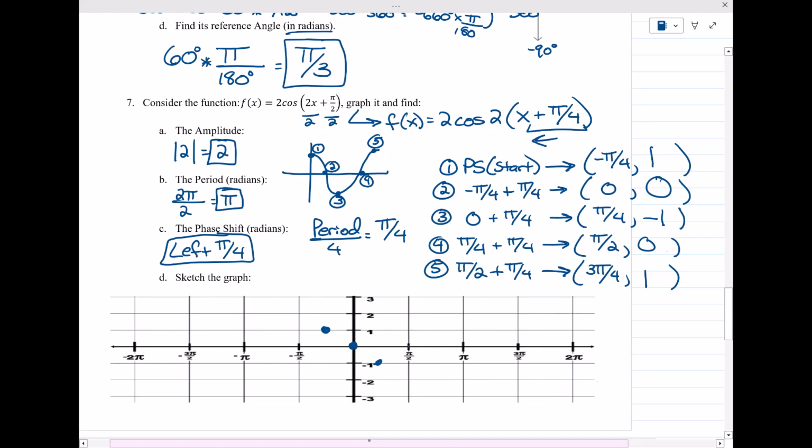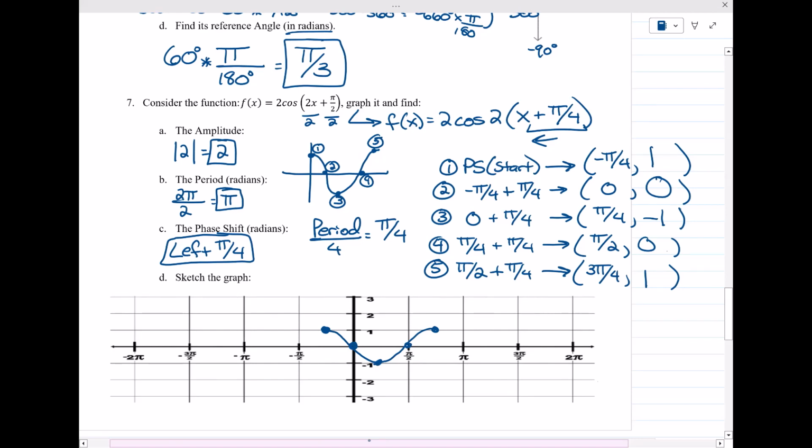Pi over 2, 0, and then 3 pi over 4, 1. That's what the graph would look like. That's a full cycle. Anyone have any questions with that? It's a little tricky, but if you have questions, I'll answer any questions that you have.